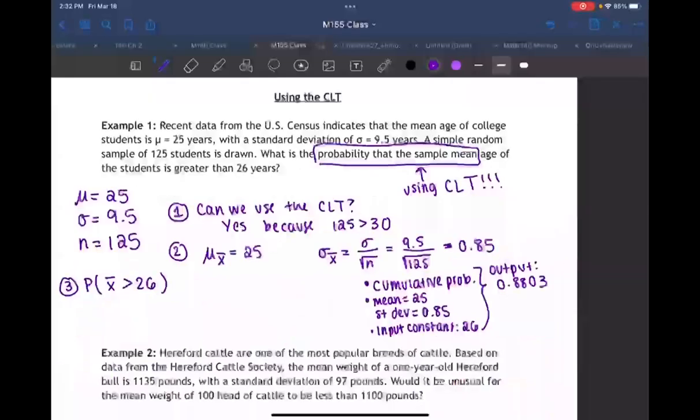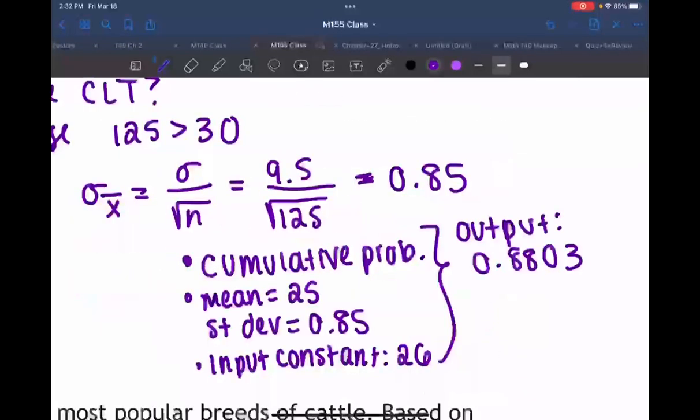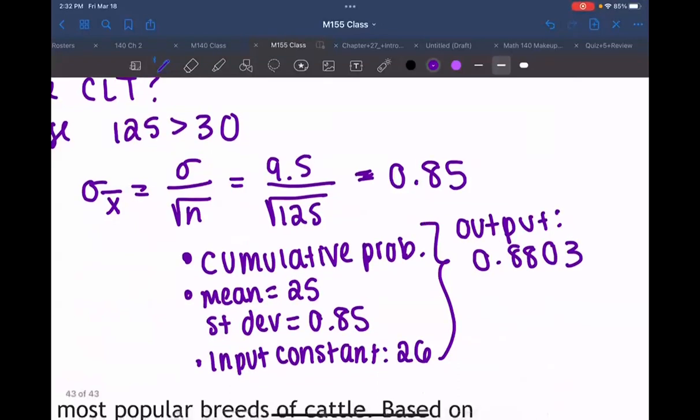Okay, so I just wrote out the Minitab output here, which ended up being 0.8803. How do I find the final answer? Good, subtract from 1. So final answer is 1 minus 0.8803. I am very bad at mental math, and I don't know where my calculator is.